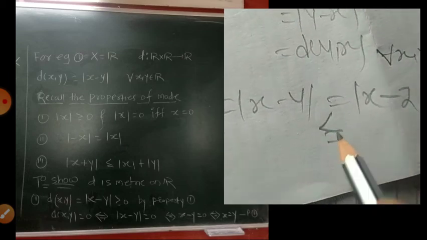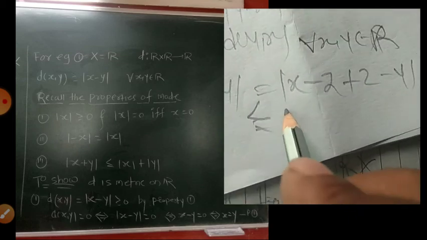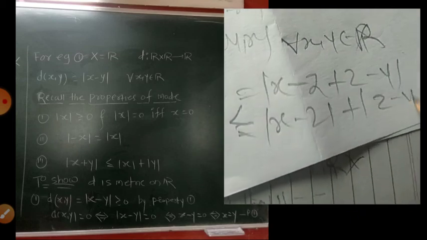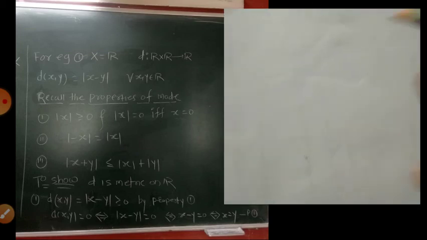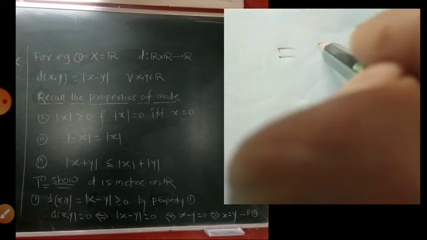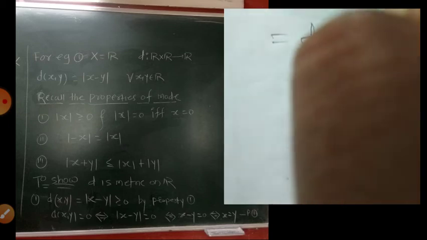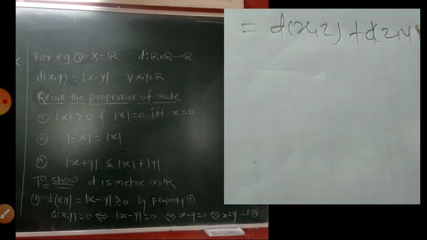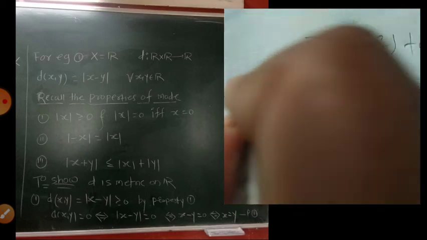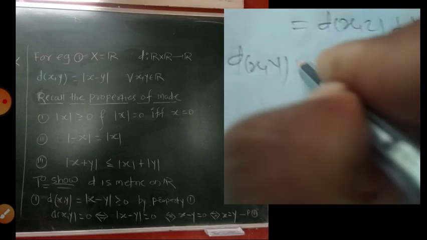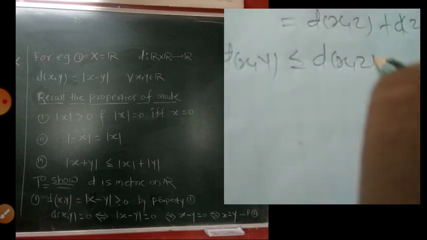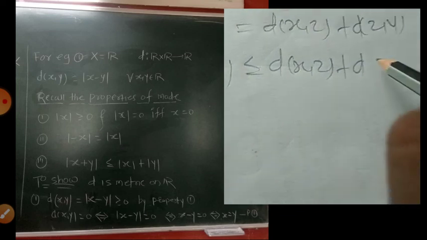That is less than or equal to mod of x minus z plus mod of z minus y, by the third property of mod. That is the distance between x and z plus the distance between z and y. So we get d(x,y) less than or equal to d(x,z) plus d(z,y).